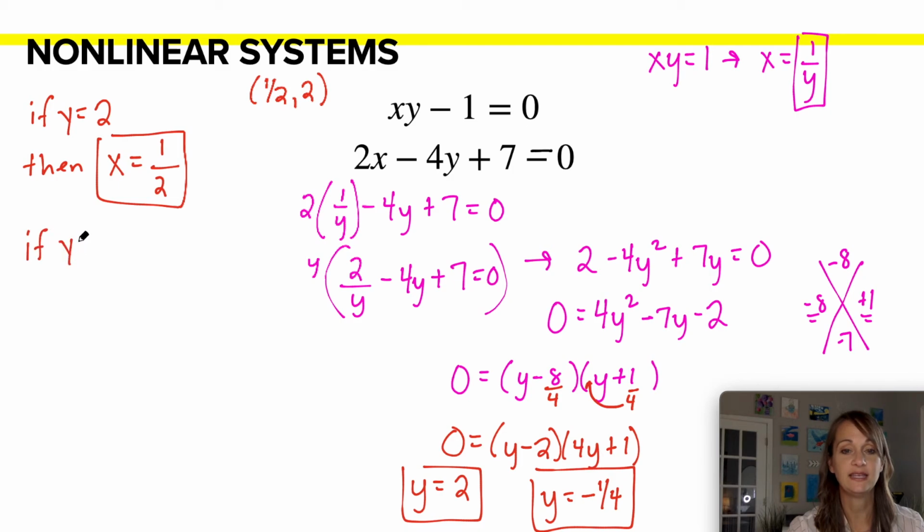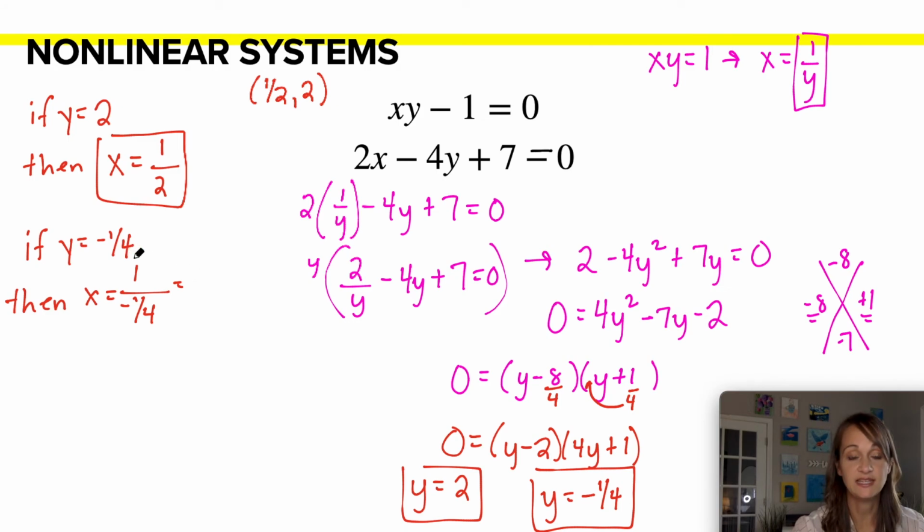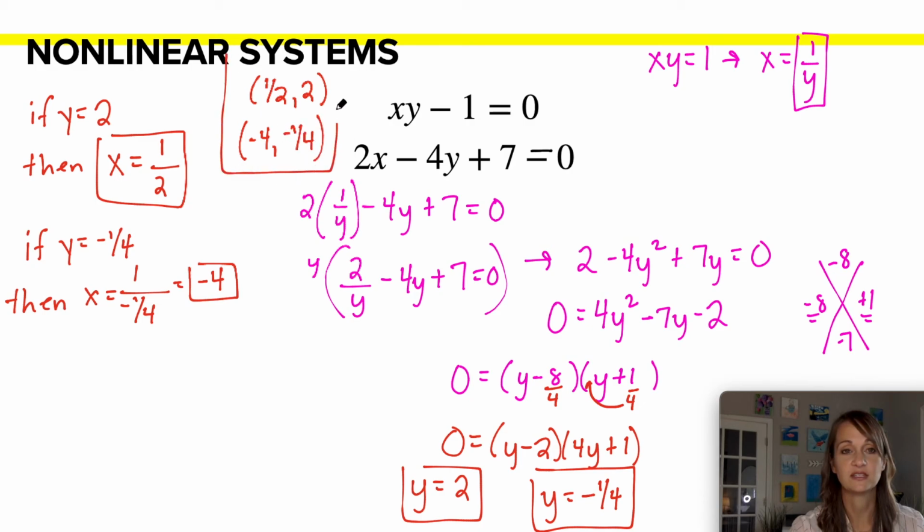If y equals a negative 1/4, then x is going to equal 1 over that negative 1/4, which is KFC, keep it, flip it, change it, is going to give us a negative 4 for our answer. So we would have the coordinate point -4, -1/4 for the solutions to this system of equations.